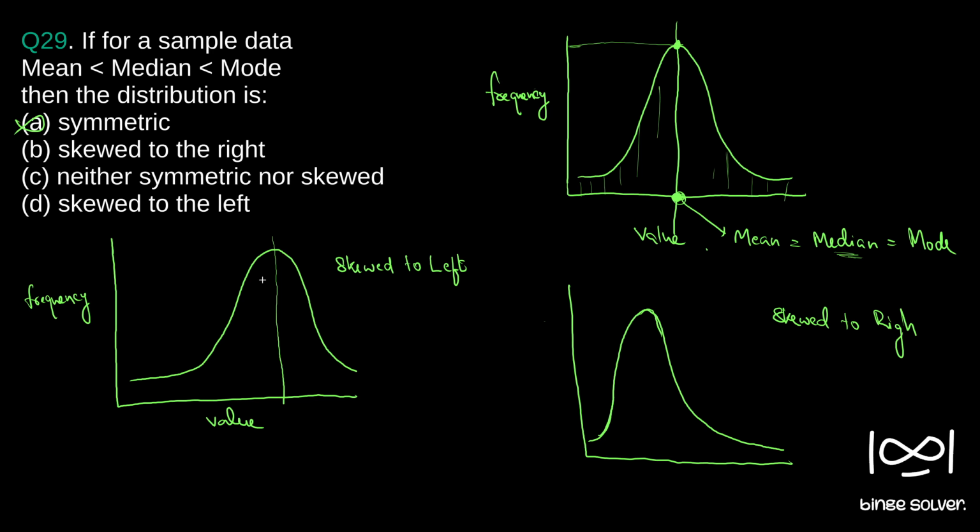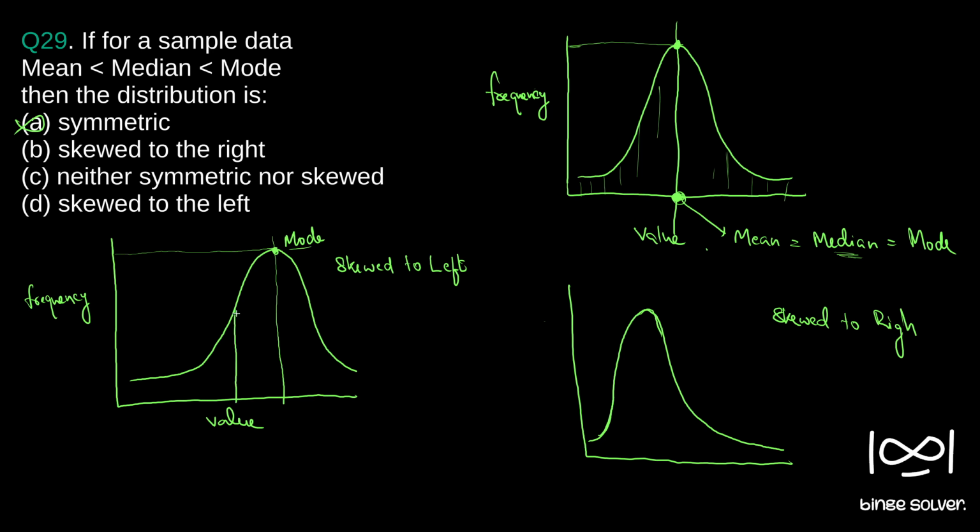In this, if we draw mean, median, and mode, as you can see, the mode is the number which has the highest frequency. So the highest frequency number is this. So this is the mode. The number with the highest frequency is called the mode. And the average value of this will come somewhere like this.